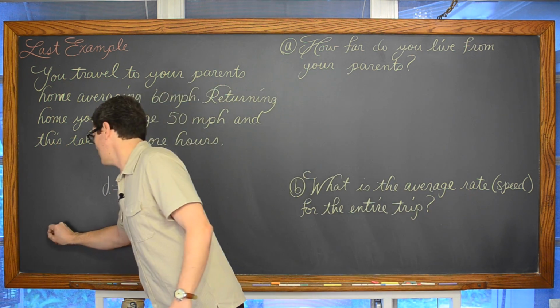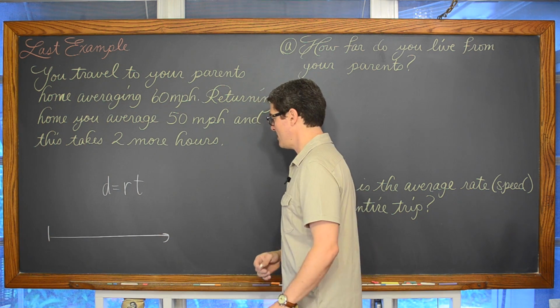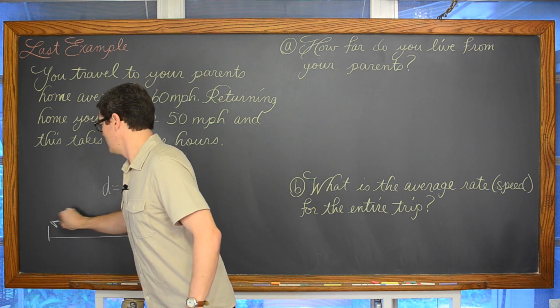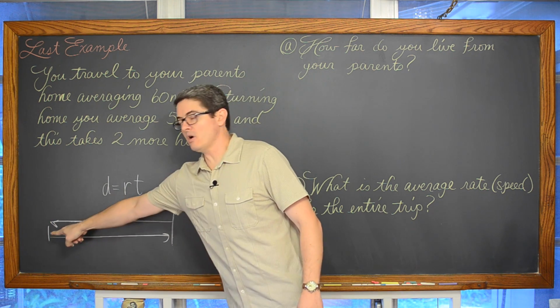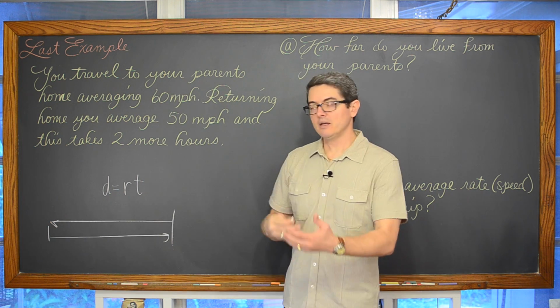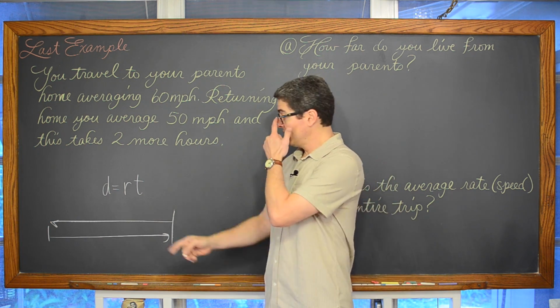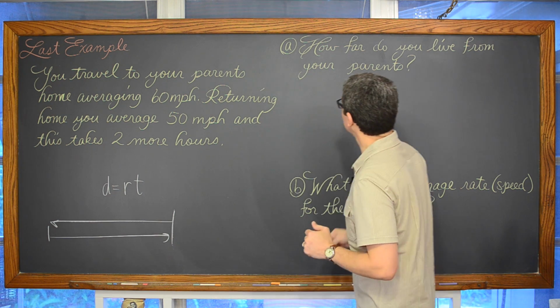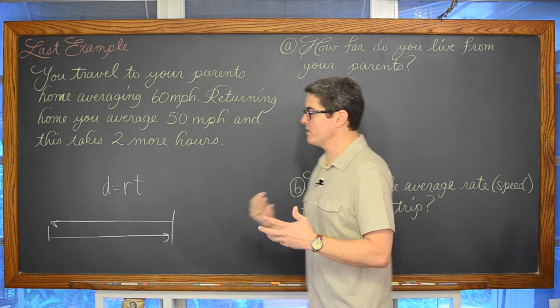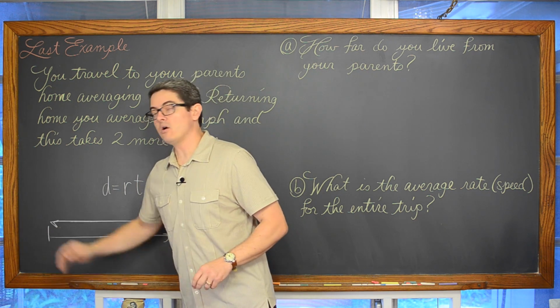So you're here at your home, you travel to your parents, you hang out, you come back, so home, parents, back home. The distance that you're traveling in each direction, assuming you have traveled the same path, is going to be equal. So how far do you live from home? You're going to take advantage of the fact that each of these distances are the same.